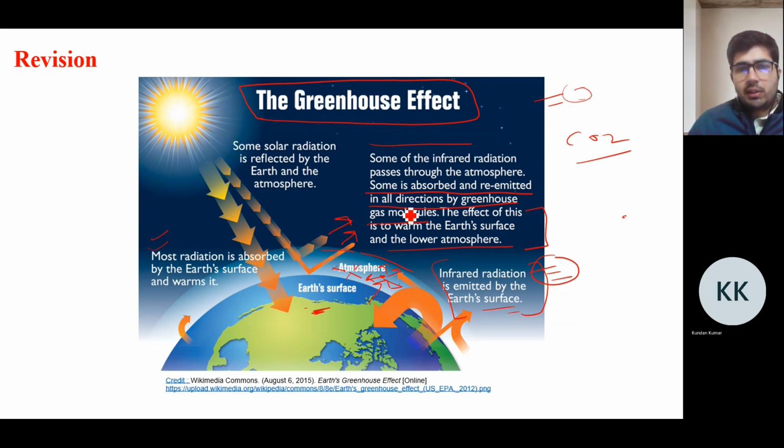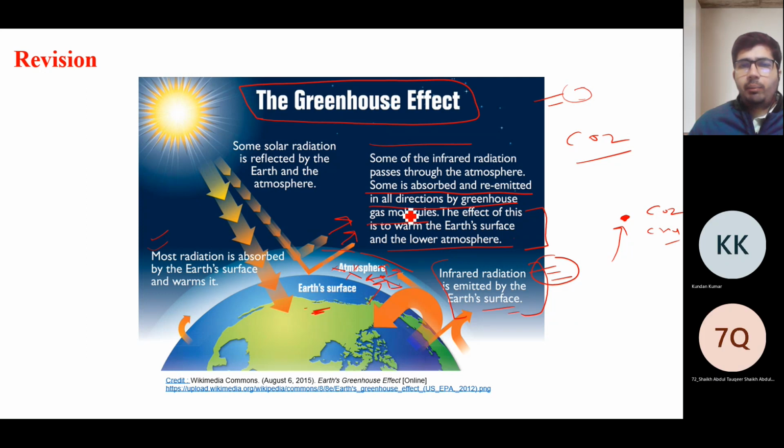So basically, suppose this is the molecule of a CO2 greenhouse gas or CH4, you can say. It will take the infrared radiation, absorb it, and emit it in all directions. Suppose this is the Earth. It will emit in every direction.